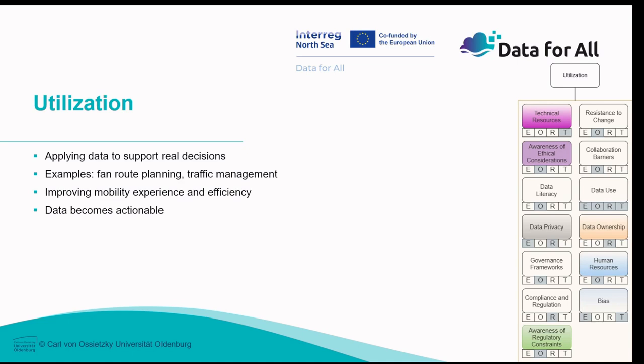We want to talk about some issues that happen in this phase. Collaboration barriers. Working together in data interoperability is not always easy. Organizations have different goals, levels of trust, technologies, and resources. For example, on football match day in Kiel, different groups focus on different things.